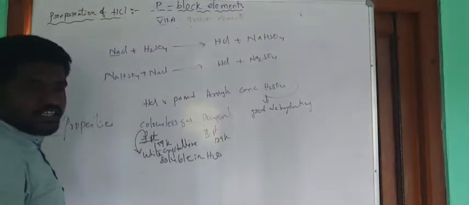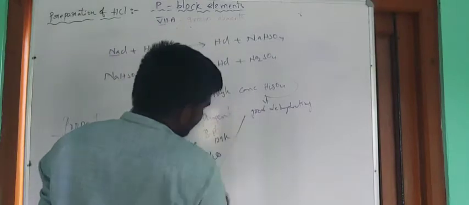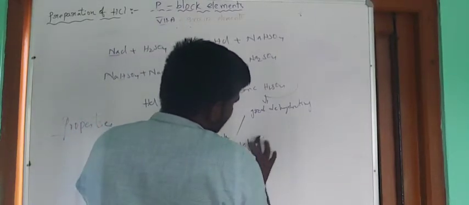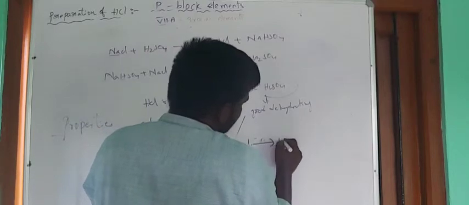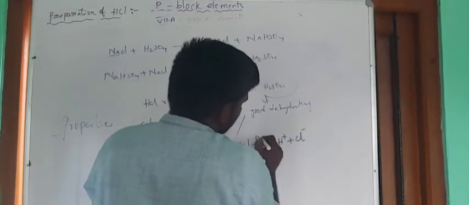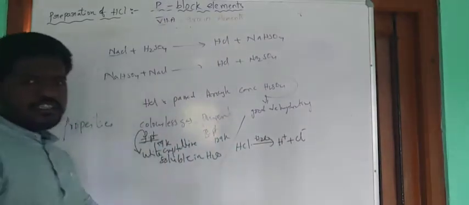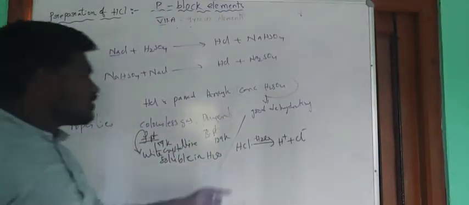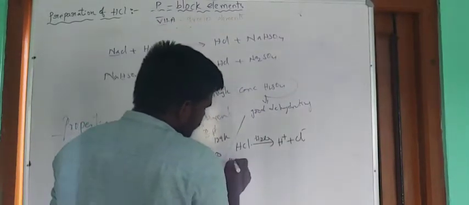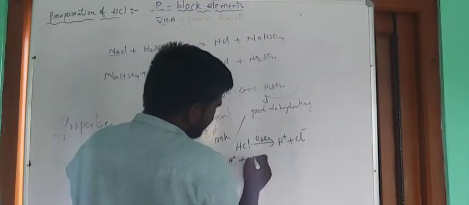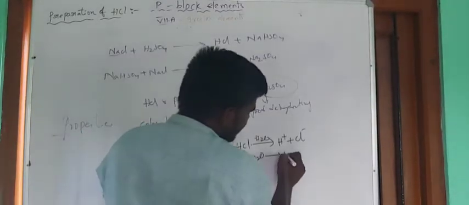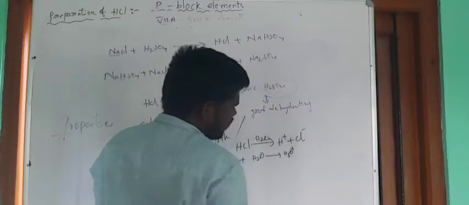Now when HCl is added to water, HCl decomposes to H plus and Cl minus ions in water. Then between H plus and H2O a reaction takes place and gives us the H3O plus ion.